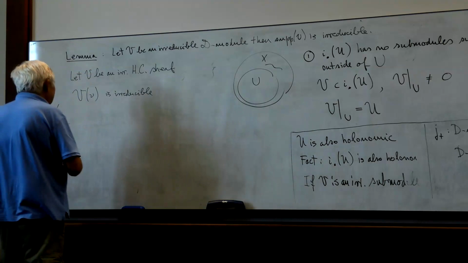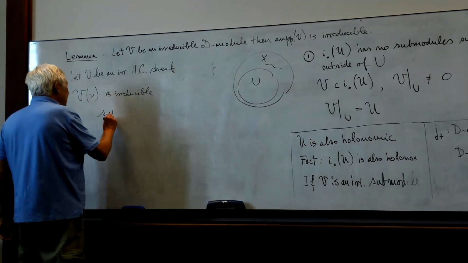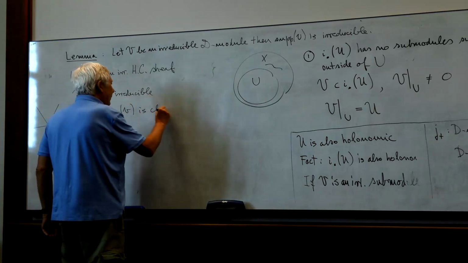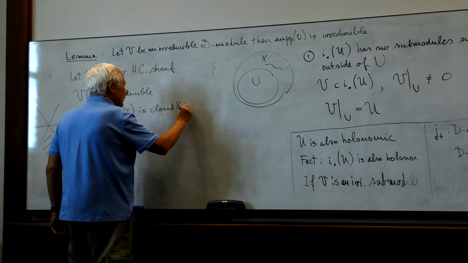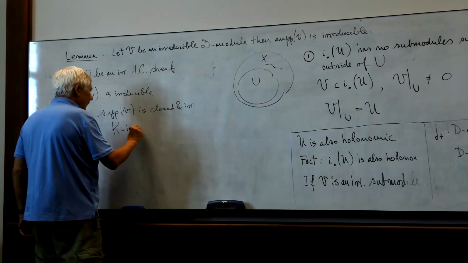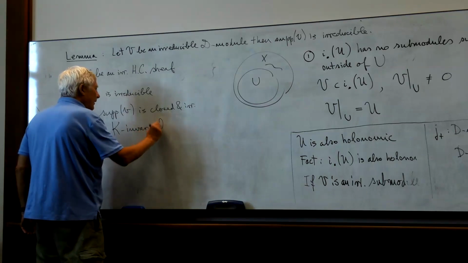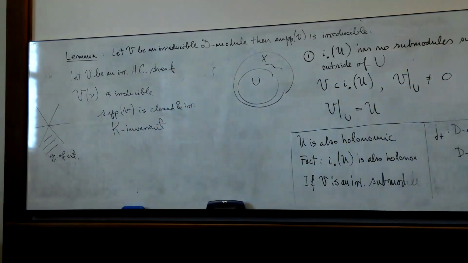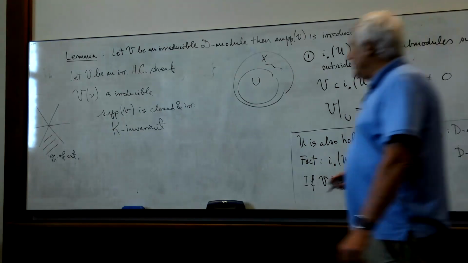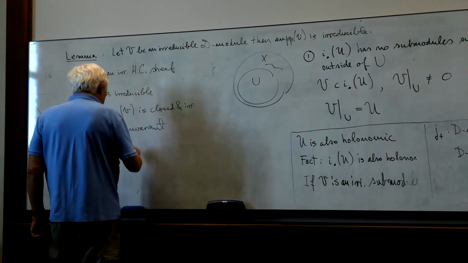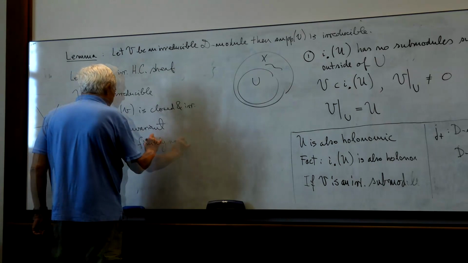So then the lemma tells us that the support of V is closed and irreducible, but it's also K-invariant, since the group acts on our Harish-Chandra sheaf. Therefore, the support of V is a union of finitely many K-orbits.